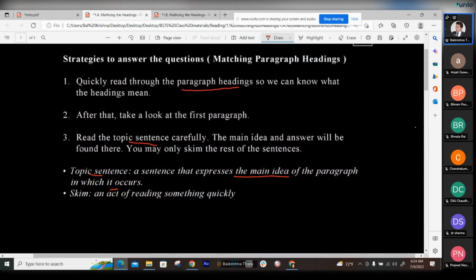Skim means an act of reading something quickly. All right, so we've got to be able to read very quickly. Skimming, we've got to do that.